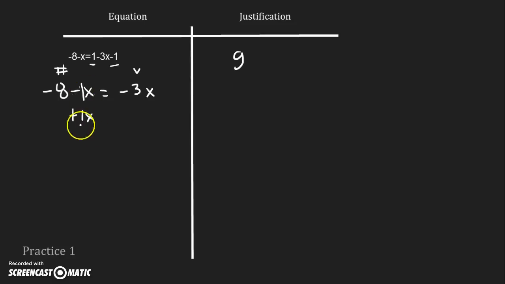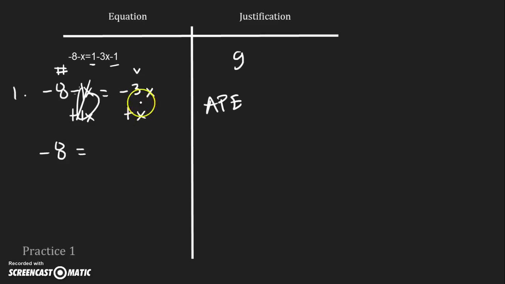Well, if I add 1x to the left side, I've got to add it to the right side. So I'm going to add x to the other side. Why can I add to both sides? The addition property of equality. So after I simplify this left side, negative 1 plus 1x is 0, and I'm just left with a negative 8 equals.